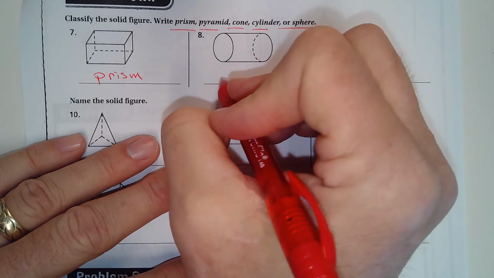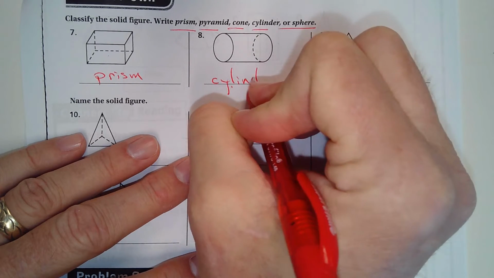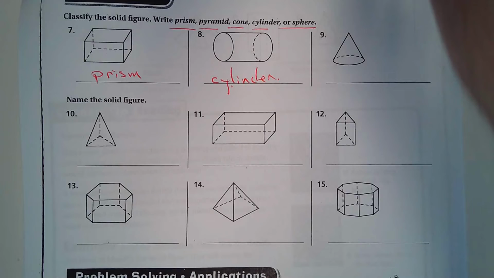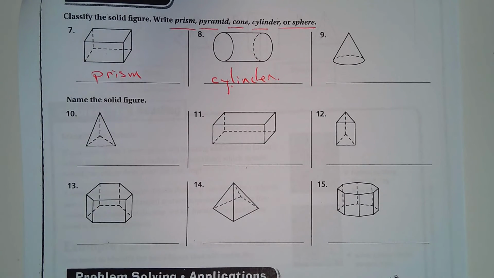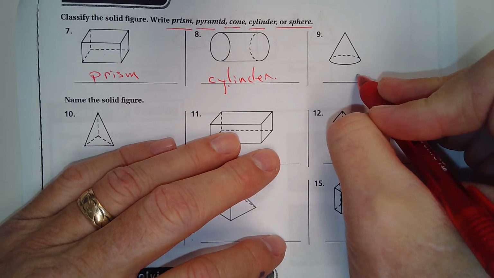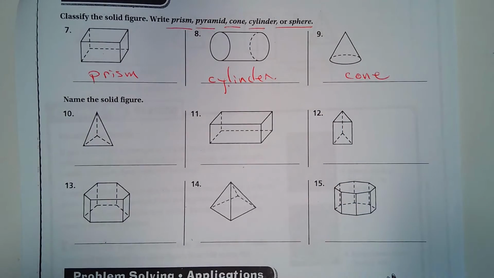Cylinder, that's right. Mr. Sanad's not here. Miss Nye. Yeah, that's a cone, obviously. 10 points.